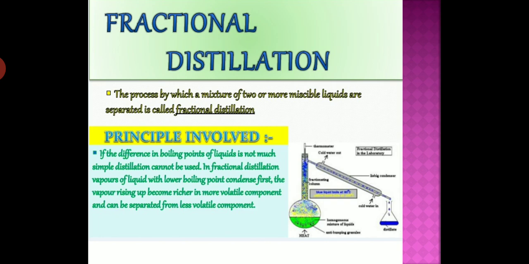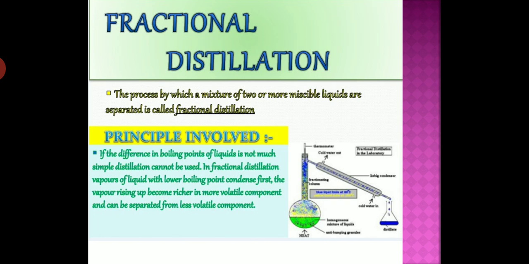The temperature remains fixed at the boiling point of the lower boiling liquid. Understand? And when this more volatile liquid is completely distilled, the temperature rises to the boiling point of the next higher boiling liquid. So I hope you understand.